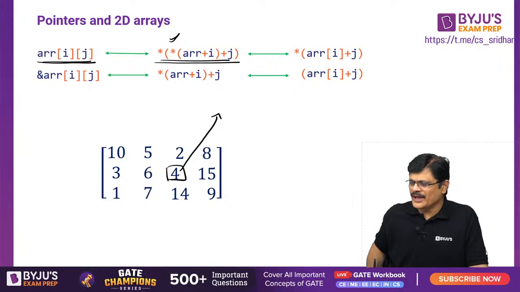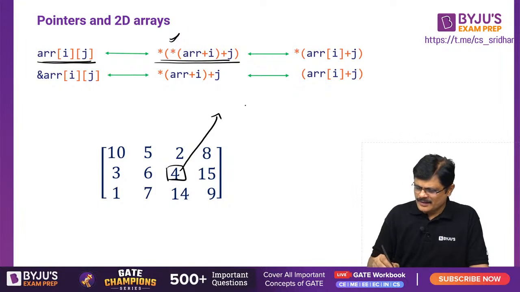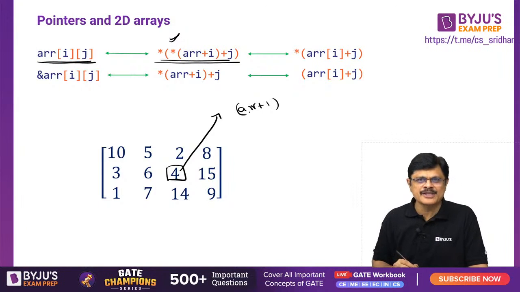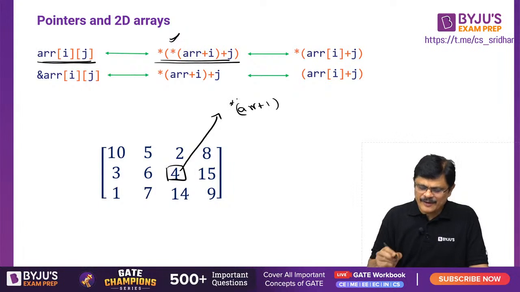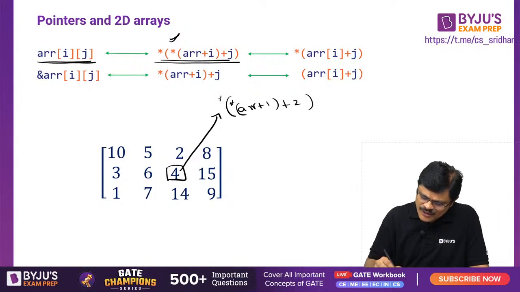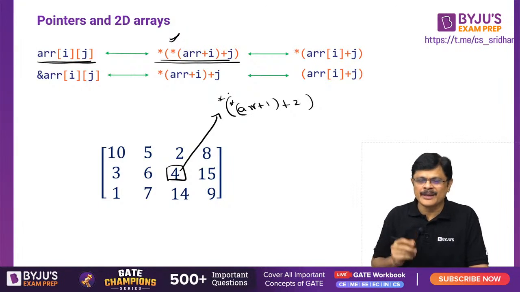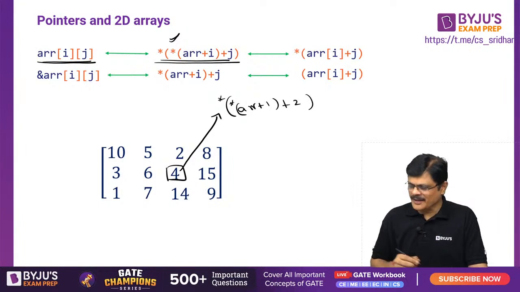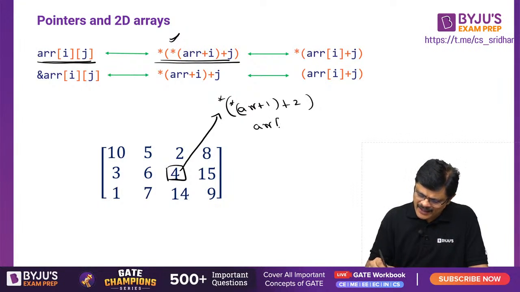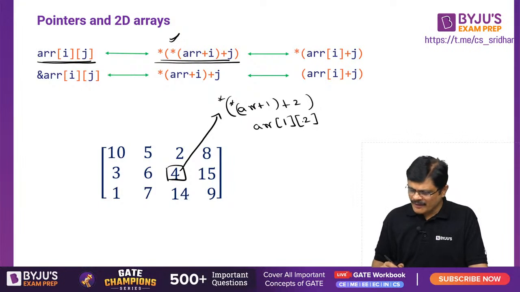So which one-dimensional array are you in? The first one-dimensional array. So first reach that one-dimensional array. This will give you the 0th element, and you are in which element? 0, 1, 2, the second element, and the value at that particular address. Or you can say arr[1][3]. Oh, sorry, arr[1][2], my dear friend.